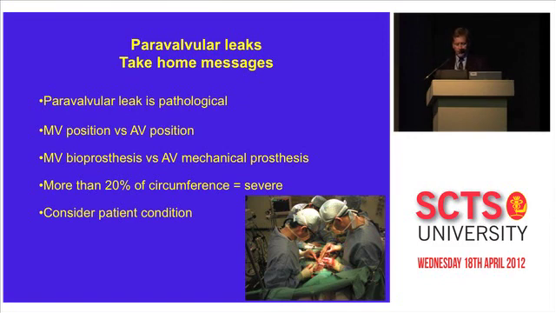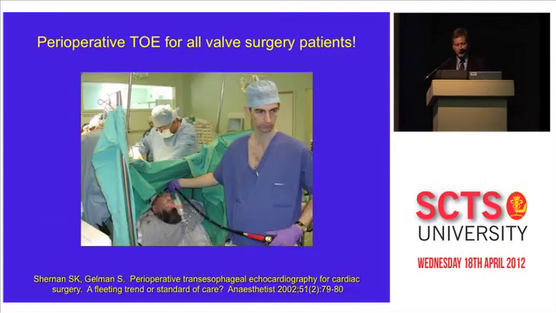Then, if it takes up more than 20% of the circumference, it is severe. And we must always look at the patient as a whole. I mean, that goes without saying, and the older and the frailer the patient, of course, we have to. So the question is, shall we put TOE down the esophagus of every patient for valve surgery? And I certainly think so. I'm going to stop there.